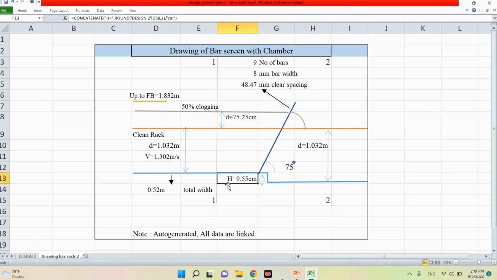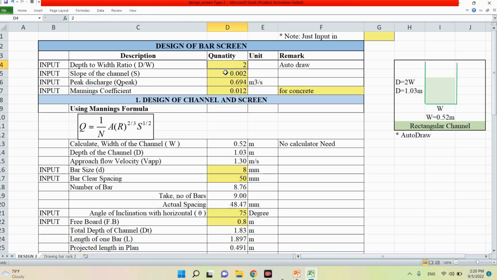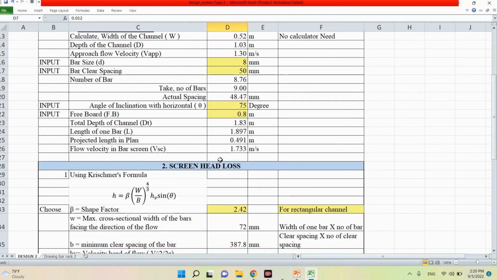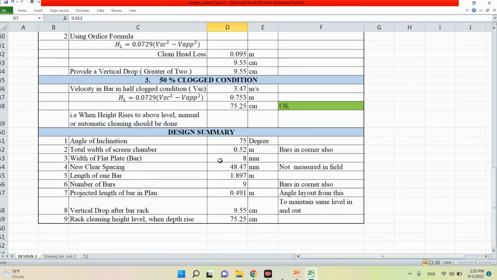The height drop after the bar screen is 9.55 centimeters, and in the 50% clogging condition, the depth will rise up to 75.25 centimeters, and up to the freeboard, the depth is 1.832 meters. So we just have to input where there is yellow color, and all the designs are calculated automatically and the drawing is generated automatically.